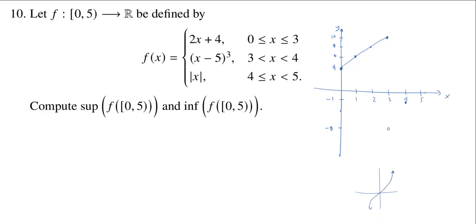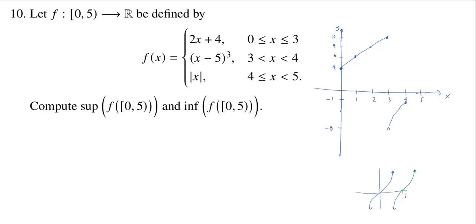This x minus 5 has translated the axes by 5, and so if we translated it, it would look something like this. Since we're to the left of 5, we must be getting all this stuff going up. So it's definitely just increasing when x is between 3 and 4.